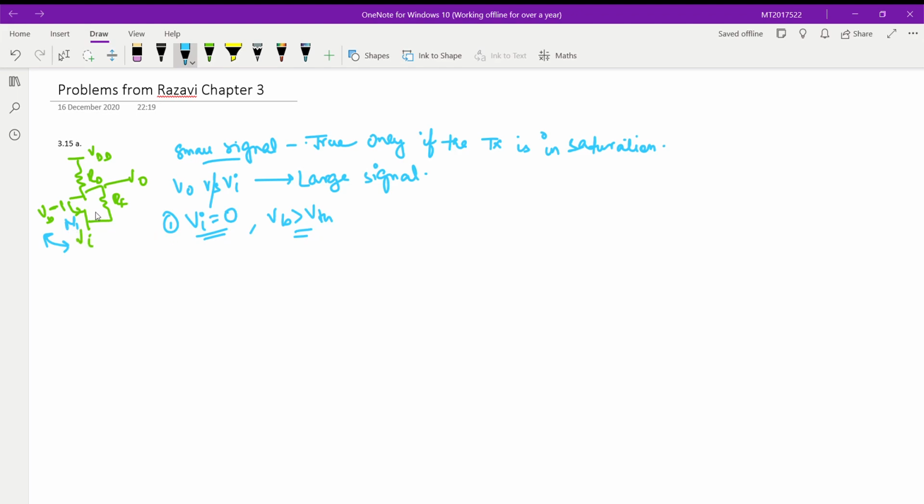So when we turn on M1, VO may be so low that M1 will go into triode, or VO may be quite high so that VO minus Vi is less than VB minus Vi minus VTH. So it's in saturation.